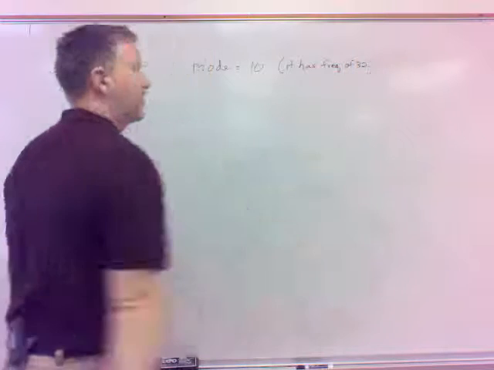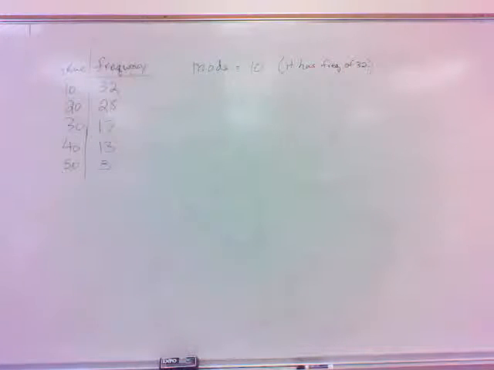That means it occurs 32 times. 10's occurring a lot, isn't it? That's what this means. Frequency 32 means it occurs 32 times. What's the frequency of the others? Well, 20 has frequency 28. 30 has frequency 17. With me on this, okay? 10 is the mode. It occurs most often.